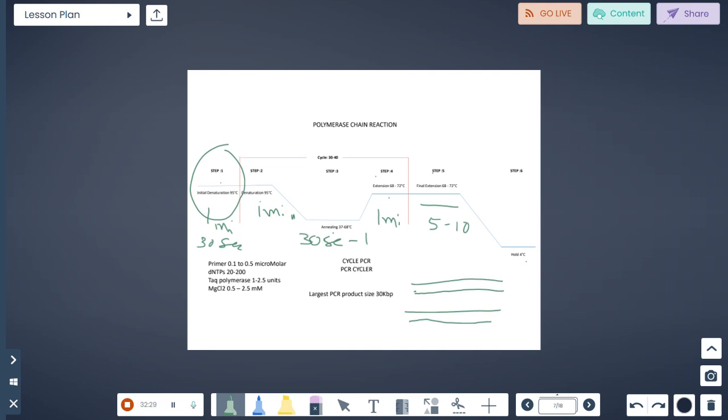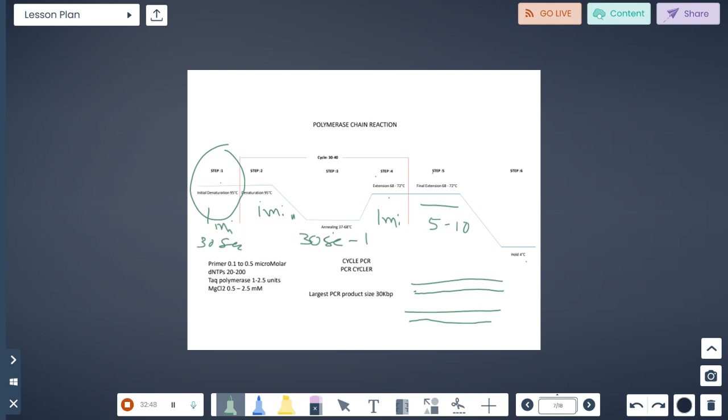Otherwise, if it is quickly coming to 68 degrees, the liquid will still be at 95 only. It will take some time to reach 68 degrees centigrade. And if you are not giving time to set at 68 degrees centigrade before annealing, it will go to the extension step.